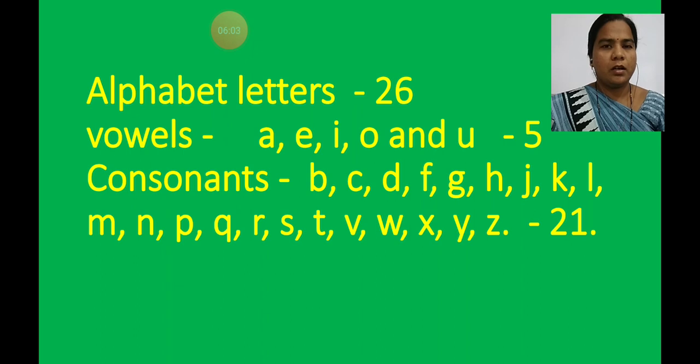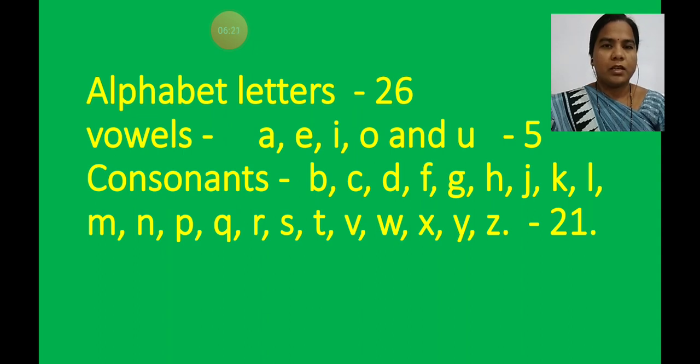So children, to learn a or an, we should know these vowels and consonants very well. Why have I explained this to you? Because this is the main part to understand a or an.